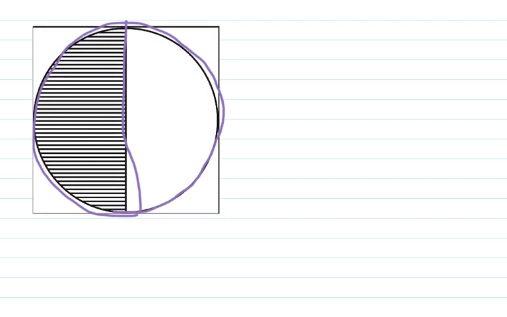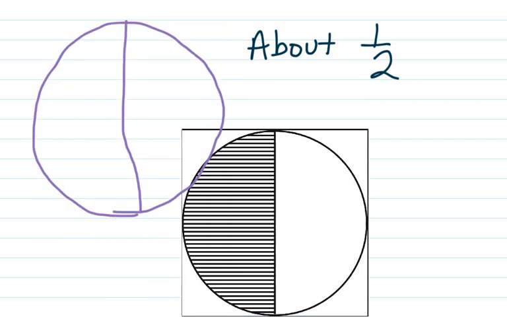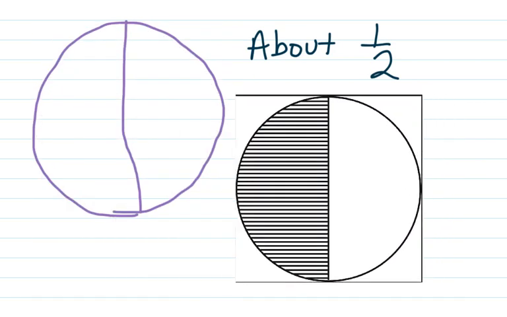When I use my model, I can say that this is about 1/2, because the area that I'm comparing it to is about 1/2. They're almost close to about the same. So 1/2 is the benchmark fraction I use to compare this fraction.